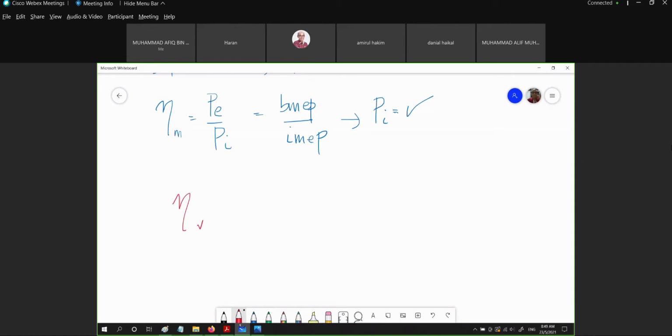Please guys, give me feedback. The formula of volumetric efficiency: V divided by Vs ataupun kita boleh gunakan V dot divided by Vs. Okay. So what do you think? Can we have volumetric efficiency? Ni V dot, ni dot.